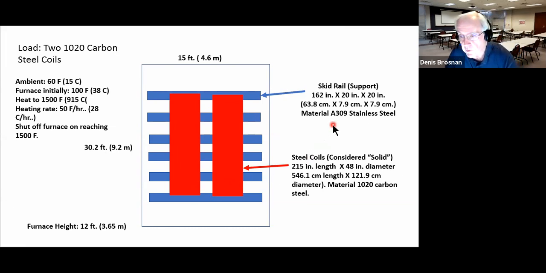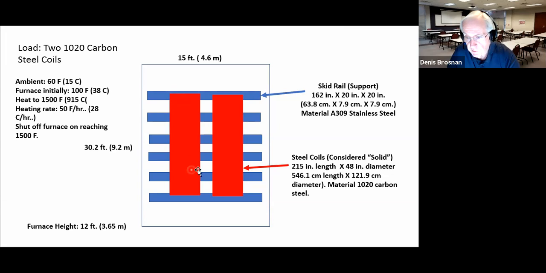So in this particular case, the skid rails or supports are made out of A309 stainless steel. Well, this furnace is heated up to 1500 degrees Fahrenheit or 915 Celsius. So it's not a particularly high temperature process.